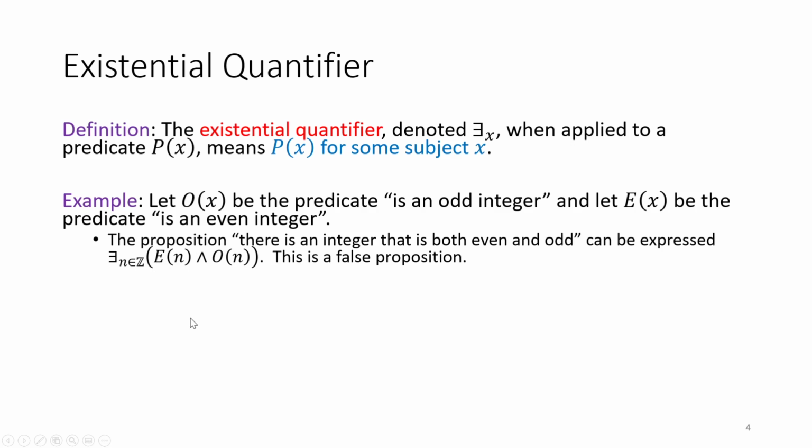Whatever's going on inside our brackets here. There exists an integer such that n is even and n is odd. So this is saying that there is some integer that is both even and odd. And at least according to my slide here, that's false. That makes sense. There's no integer that is even and odd.